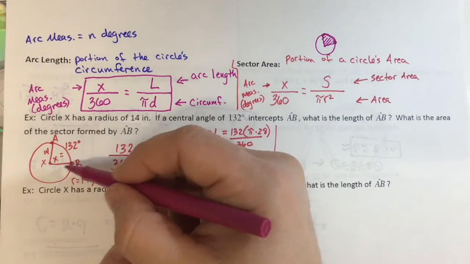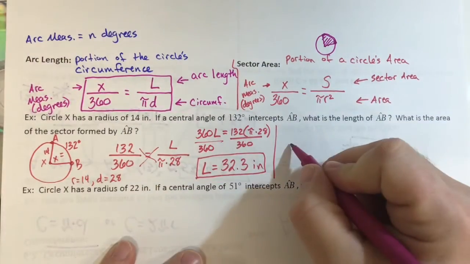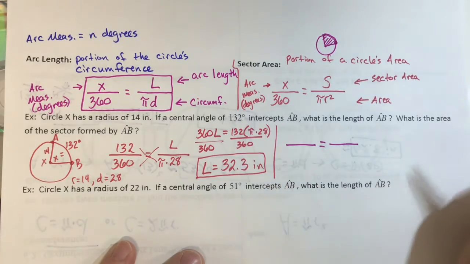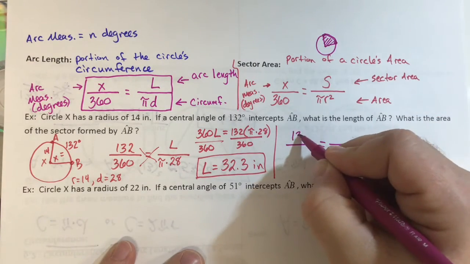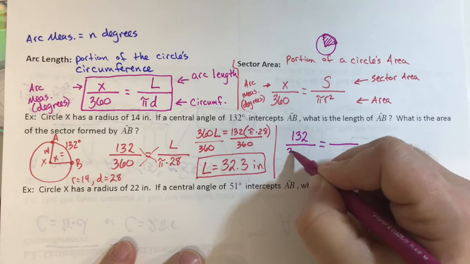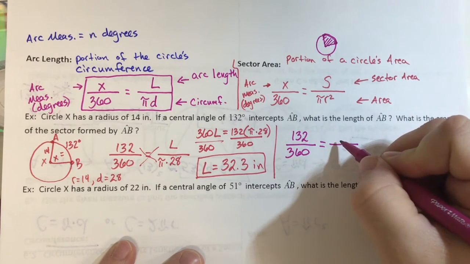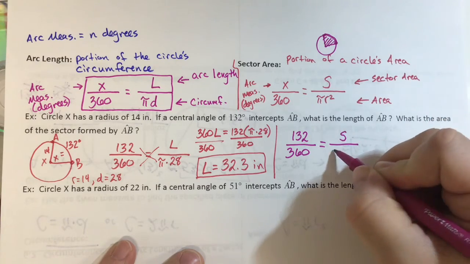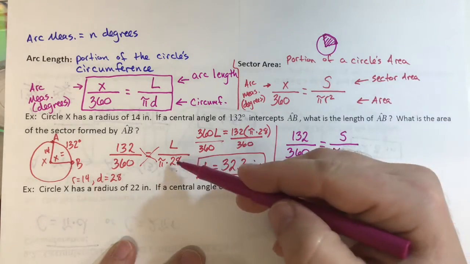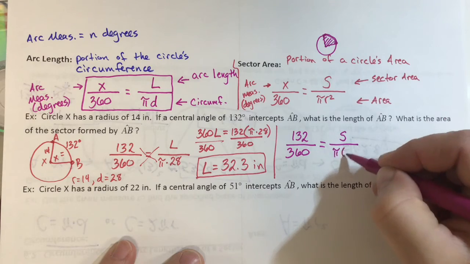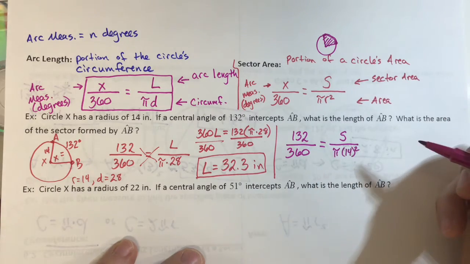So we're going to find the area of that sector. We're still going to set up our proportion. We're still using our central angle measure of 132 out of the full 360, and that is equal to the sector area S over pi r squared, but the radius is 14, so it's pi times 14 squared.